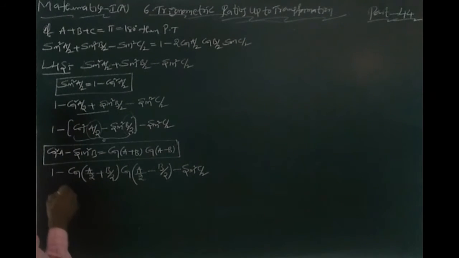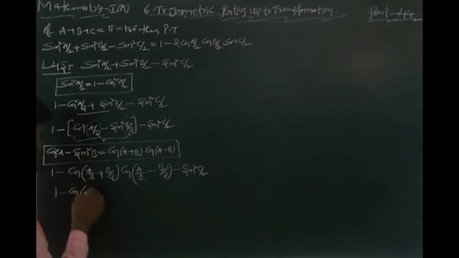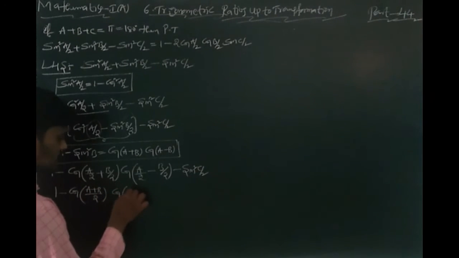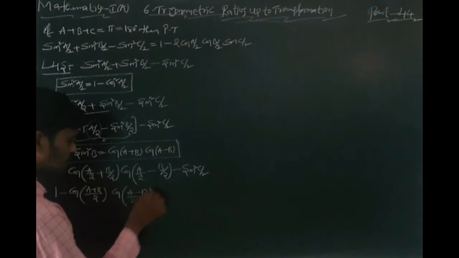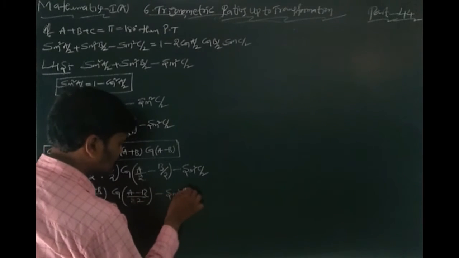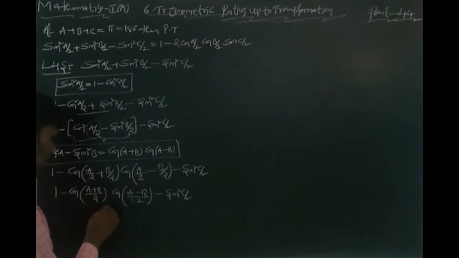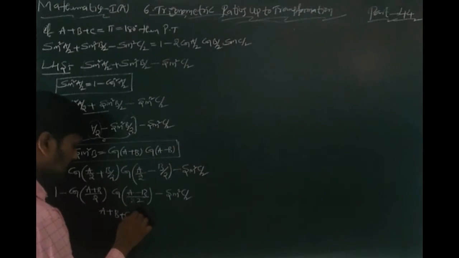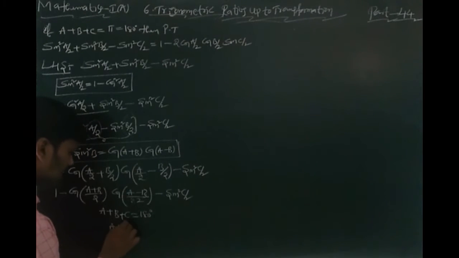You get next 1 minus cos of A plus B by 2 into cos of A minus B by 2, minus sin square C by 2. You know that A plus B plus C is equal to 180 degrees. Then A plus B is equal to what?